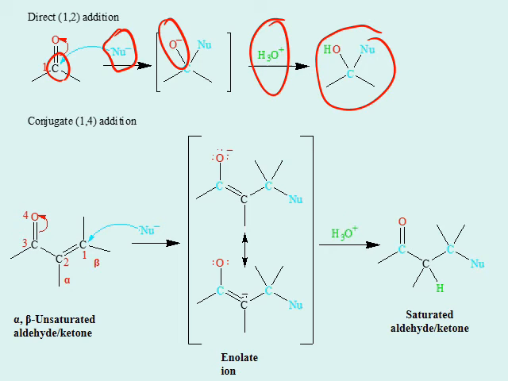Sometimes you may have unsaturation, like in this particular case, in the second case, alpha beta unsaturation. So you may have an aldehyde or ketone, which we call alpha beta unsaturated aldehyde or ketone.